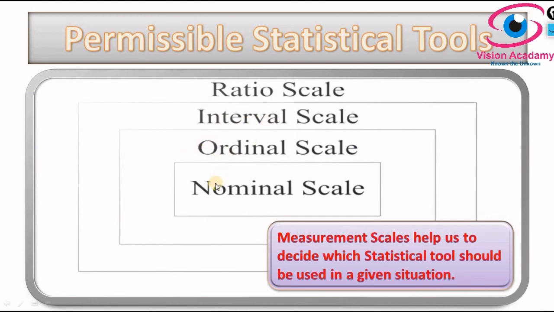It is about lowest to highest order. The highest order and the complex statistical tools can be applied in ratio scale. In the sense, nominal scale, ordinal scale and interval scale statistical tools are also applicable in ratio scale.